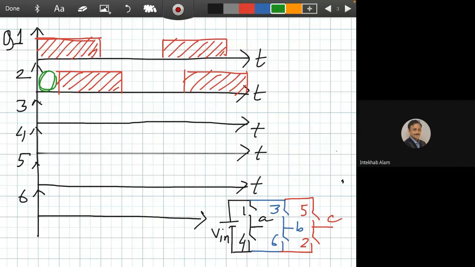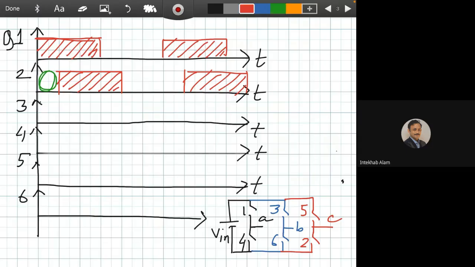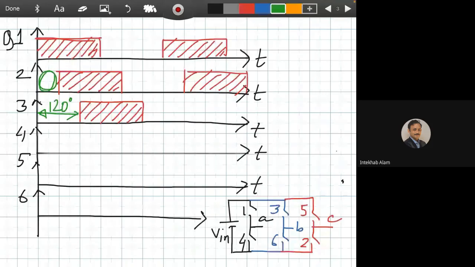So switch 3 will start just after another 60 degree from switch 2. So this is 120 degree, and it will stop here.